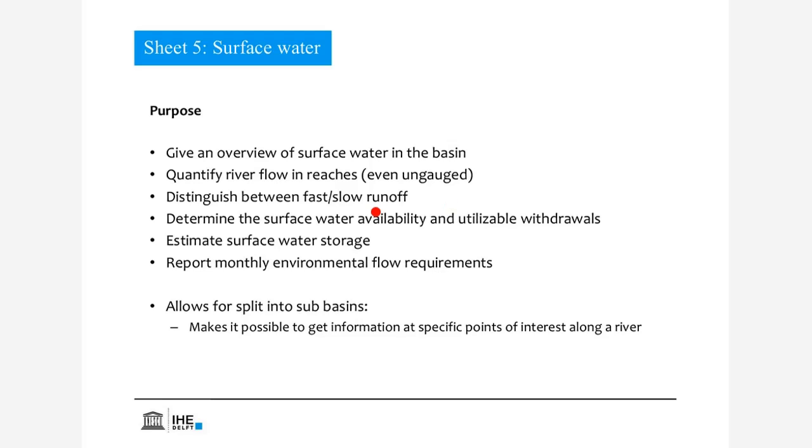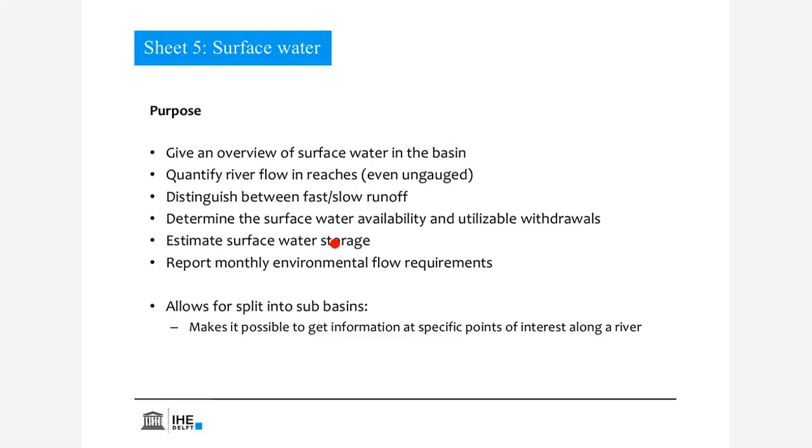And we use this sheet to quantify the surface water availability and how much is the utilizable withdrawals from surface water. Look at the surface water storages. So these type of calculations we do in sheet 5 and we present in the sheet can also be compared with our data on surface water storage.